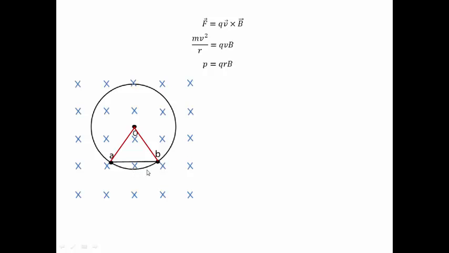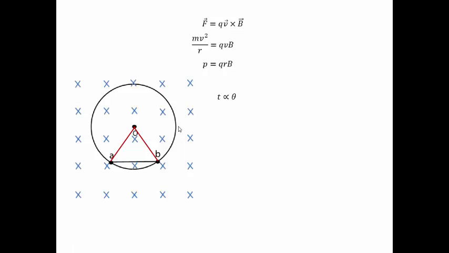Since the entire motion is carried out under uniform angular velocity, we know that the time taken to travel each arc of a circle is directly proportional to the angle subtended by the arc.